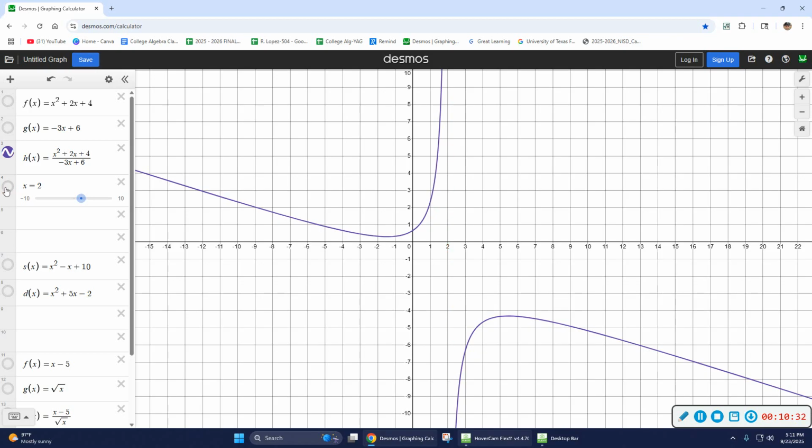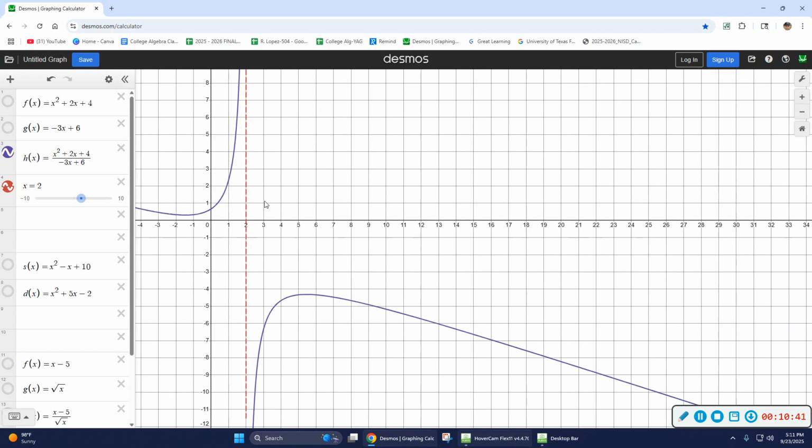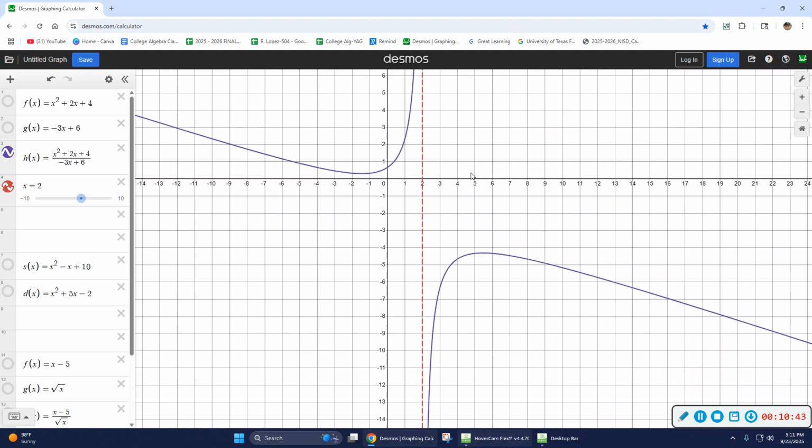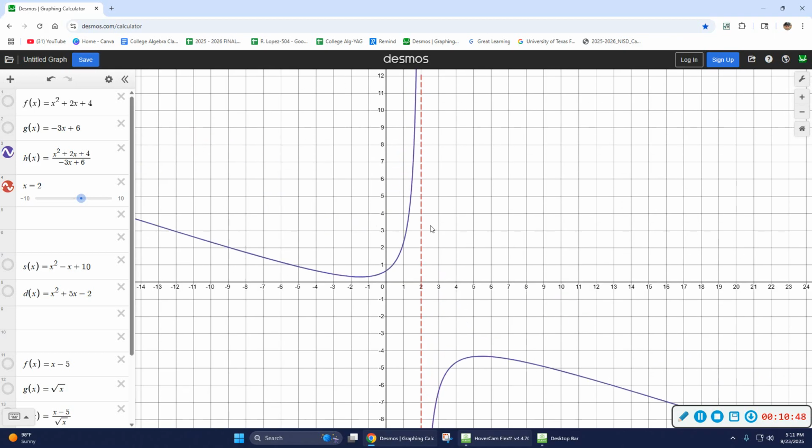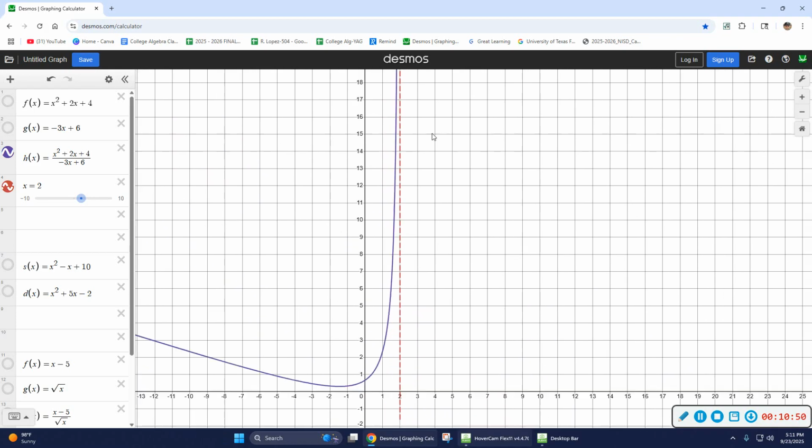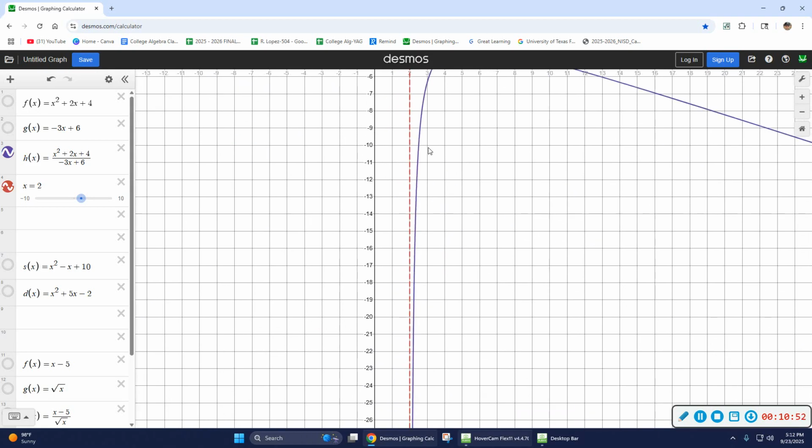That axis is an imaginary value that will not ever exist. The function will go to negative infinity, all the way to the left, all the way to the right, except at 2. So the value does not actually exist at 2. There's nowhere on the graph where there's an output at 2.